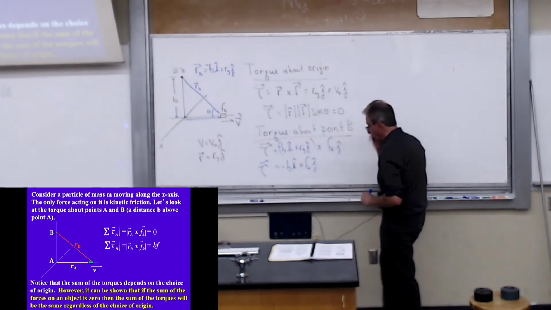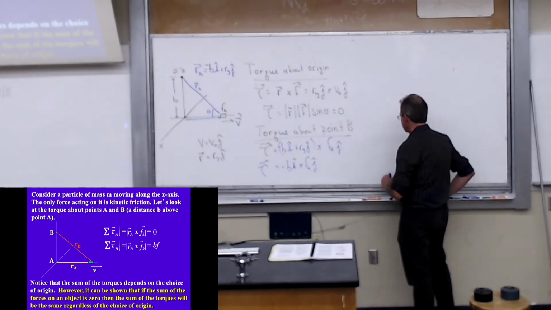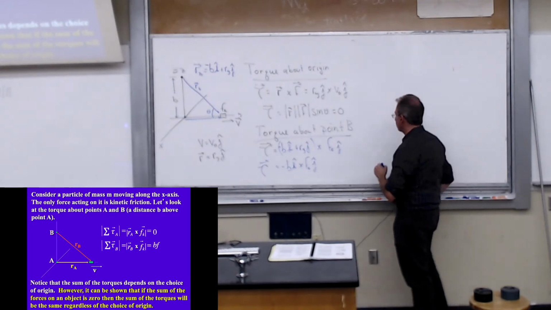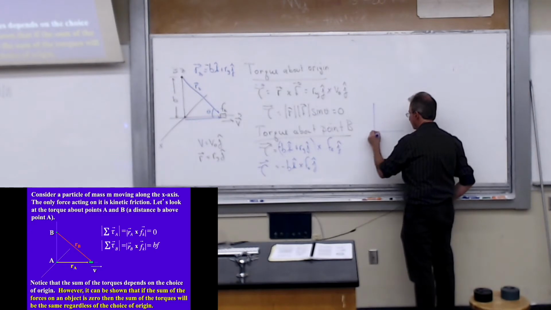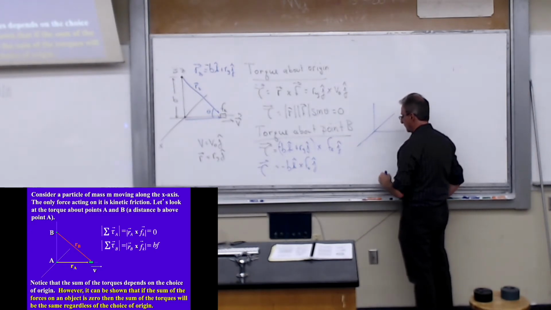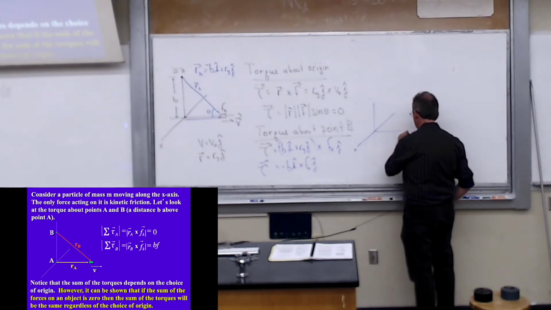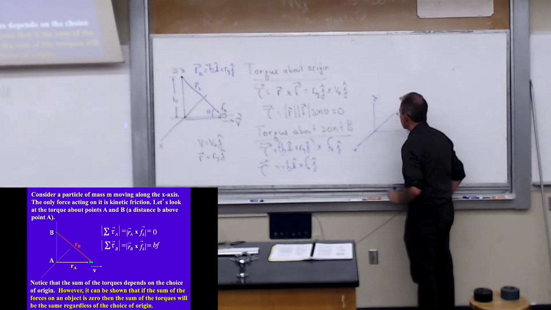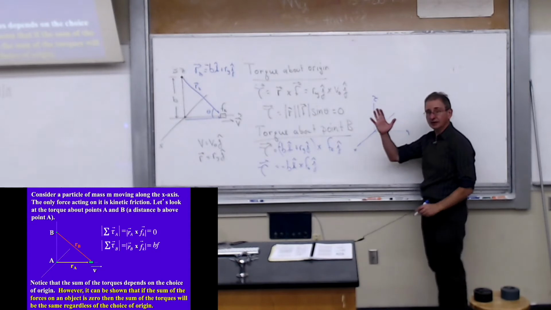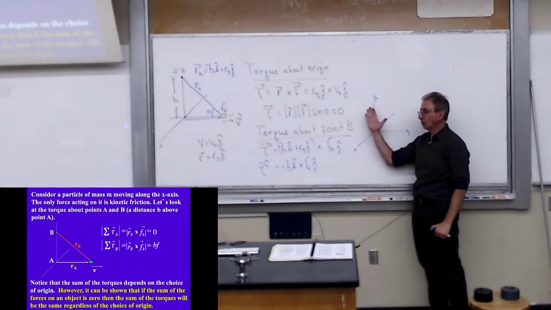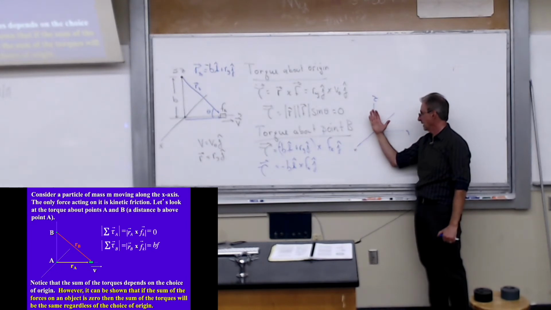So what's k cross j? Well, what I would do is the following. X, Y, Z. I pick my fingers pointing towards the k hat direction, and I need to curl them towards the y hat direction.